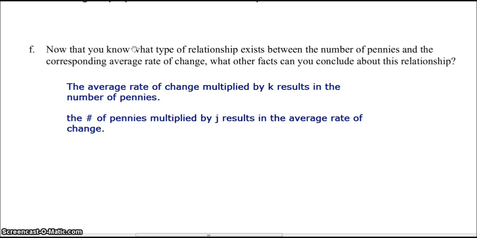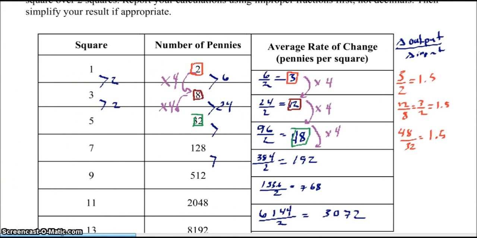If we go back and look at this table again, I'm interested in what if we made the table just by ones? Then for every corresponding change of 1, the average rate of change of the pennies would be 2. To me, that's interesting. The average rate of change of the pennies is the same as the growth factor.